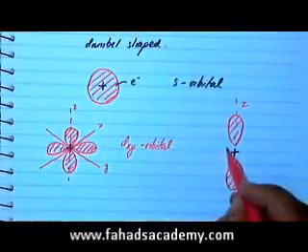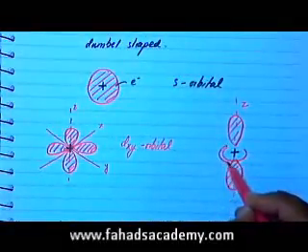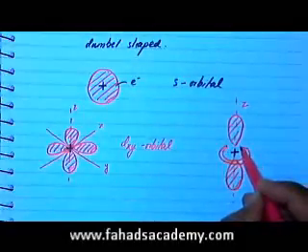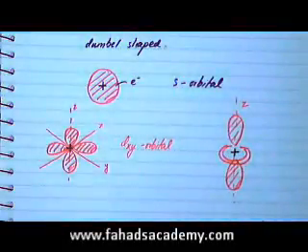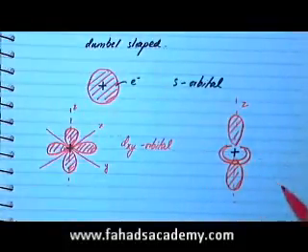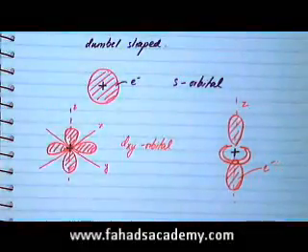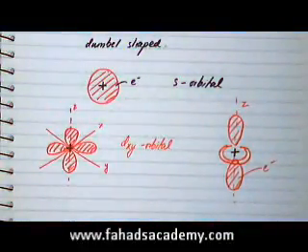And there's another donut-shaped lobe around the nucleus where there are chances that you might find an electron there as well. So an electron could reside in a region like this.